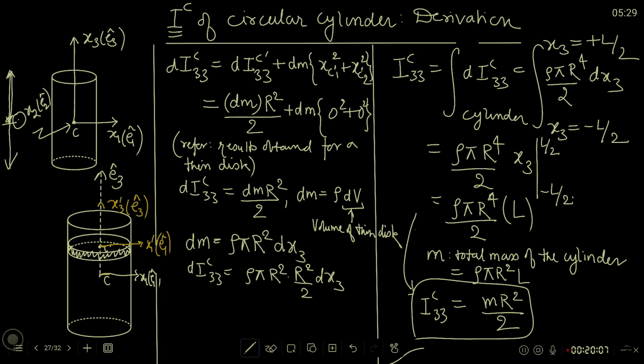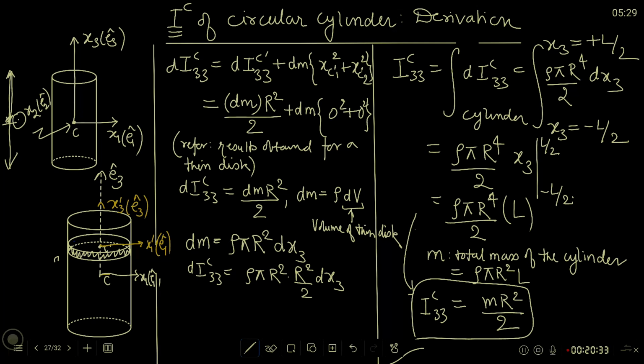As far as the component IC33 is concerned, there is really no difference between a cylinder of length L and radius R on one hand and a thin disk of radius R on the other. If the mass is the same for both of them, the expression is also the same, M R square by 2.